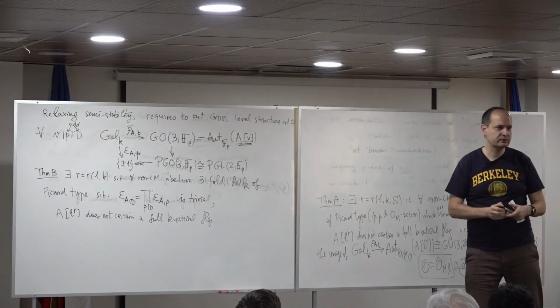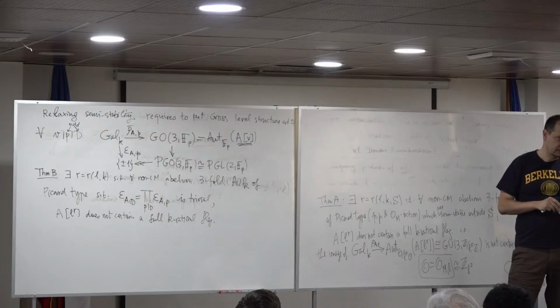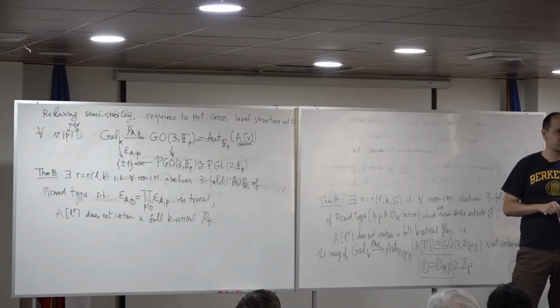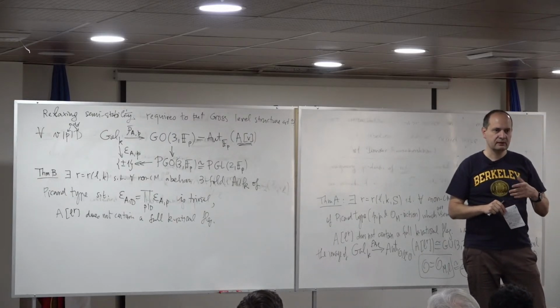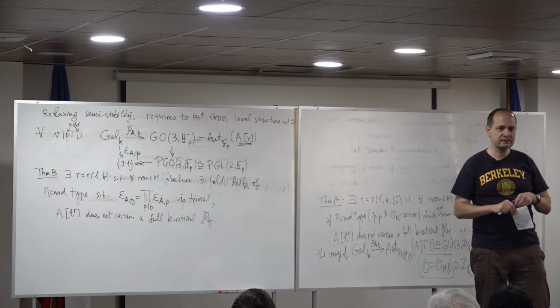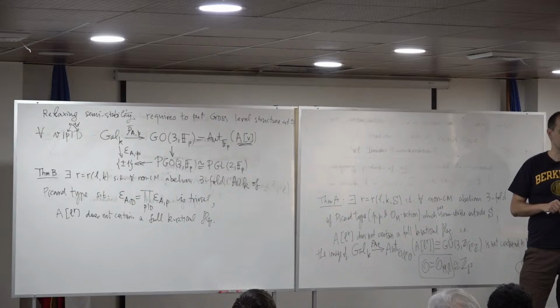If you consider Mazur's work, the results about X naught of N are much more subtle than X1 of N, and those that have been generalized for general number fields, for example by Loïc Merel, Kamienny, and others, are the ones about X1 of N. So here you should think that we are working with a kind of X naught of something.